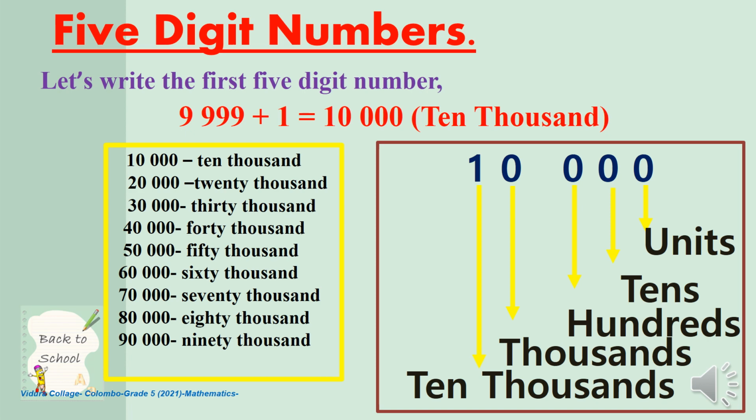Okay, so kids, 10,000 has 5 digits and it has 5 place values: units, tens, hundreds, thousands as the normal place values, and 1 comes under the 10,000s column.